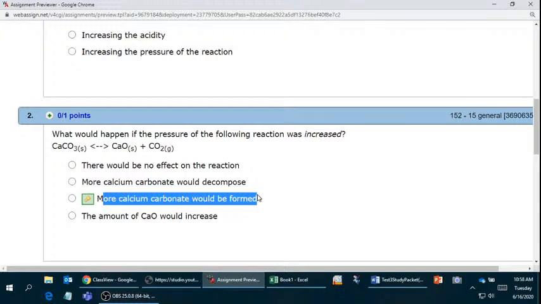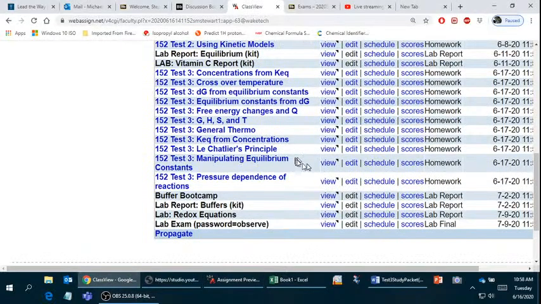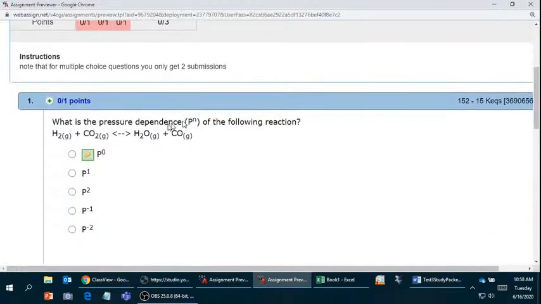Now, that said, if we look at something like the water-gas shift reaction, so let me bring that reaction back up. If you look at this reaction, it has zero pressure dependence, meaning that there's not more moles of gas on one side or the other. So we've got 2 moles here and 2 moles here. If we increase the pressure on this one, nothing's going to happen because there's no way for the reaction to relieve the pressure.